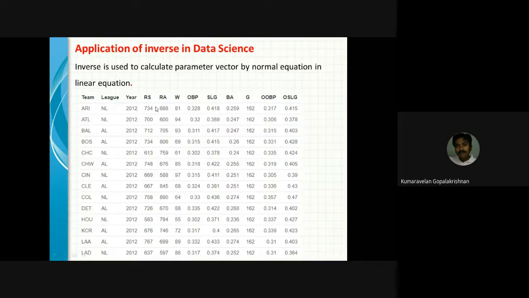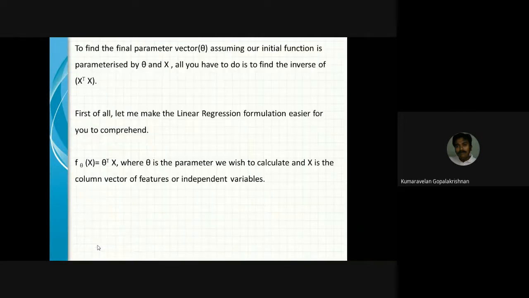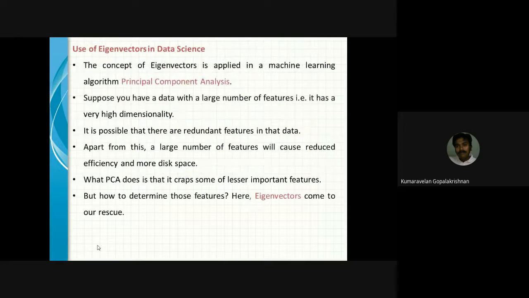So it's a classical data. When the number of features is more compared to the instances, then this data is called high dimensional data. When both the features and the instances are approximately equal to infinity, then we say the data is big data, right? It's a big data problem.